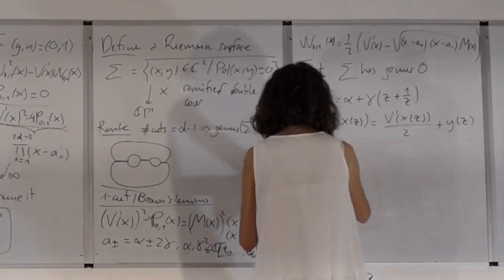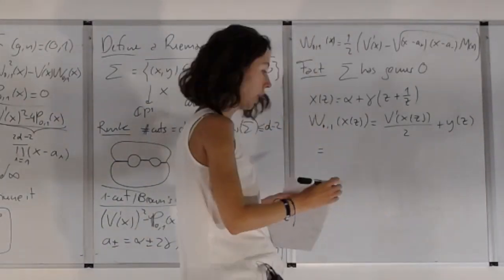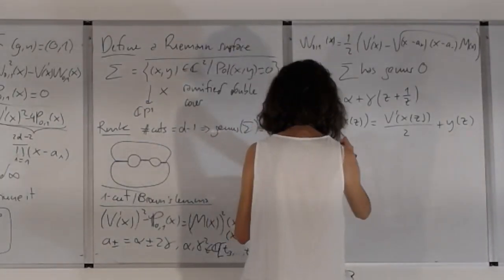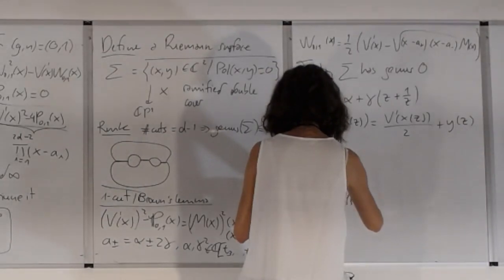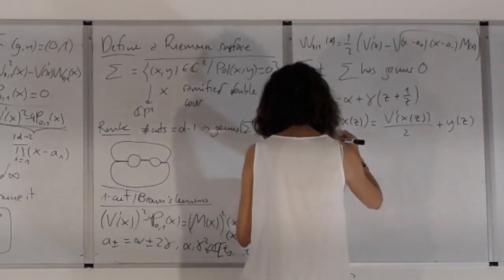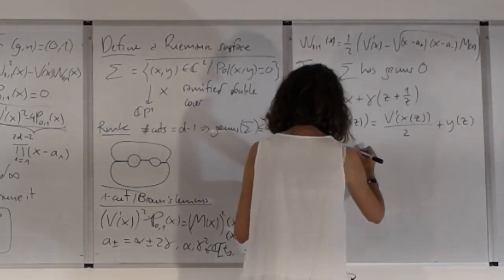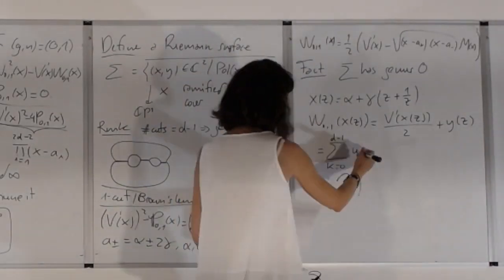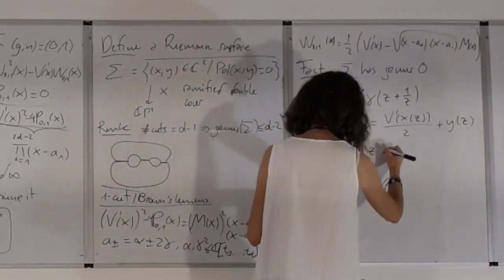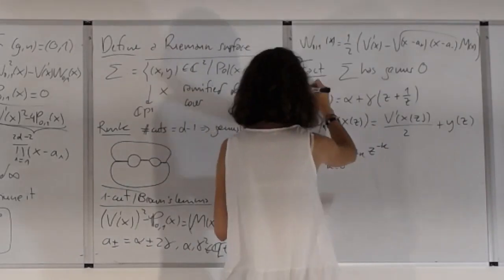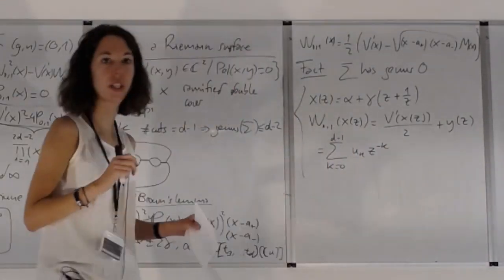And this is a rational function of z, and you can actually show that it has this shape. It takes just little work, but I'm not doing the details of why this is of this shape. And this is the spectral curve of this case.